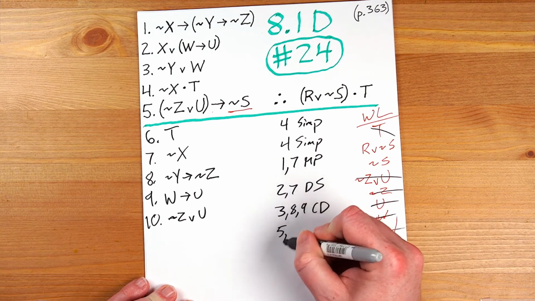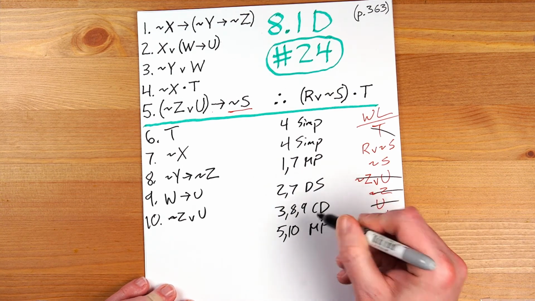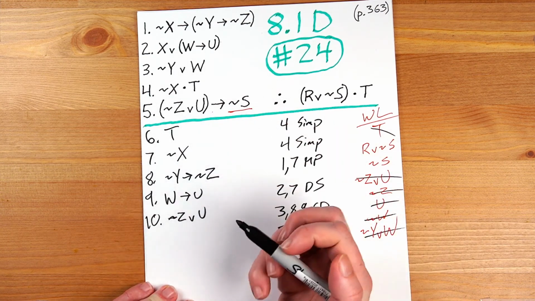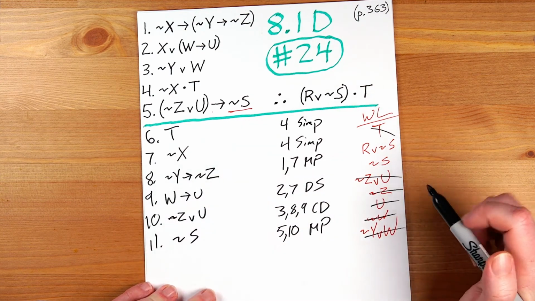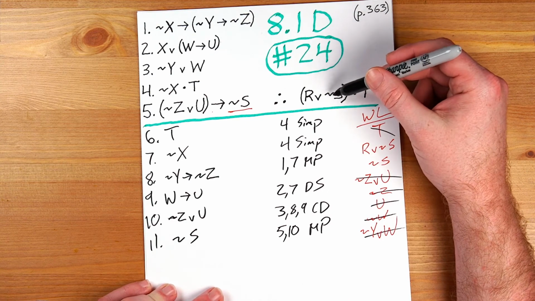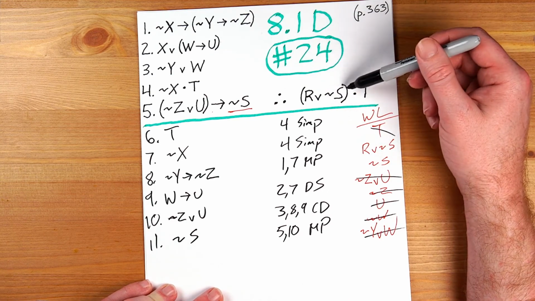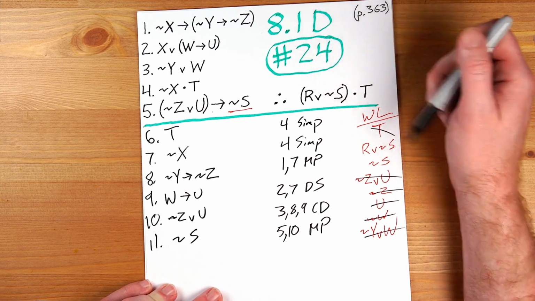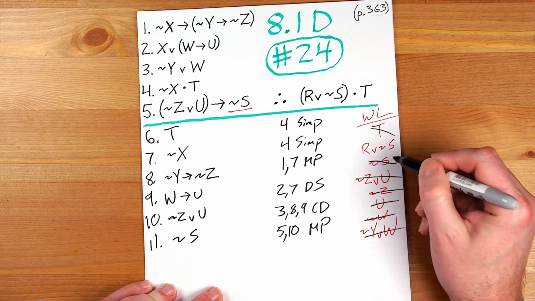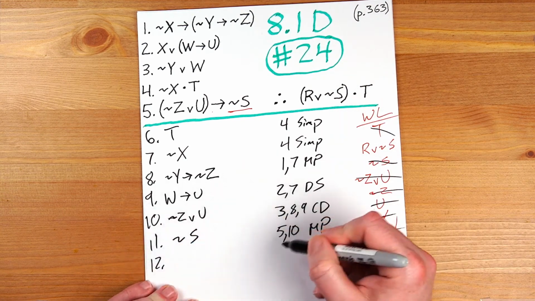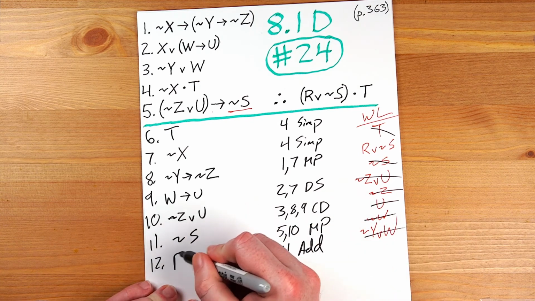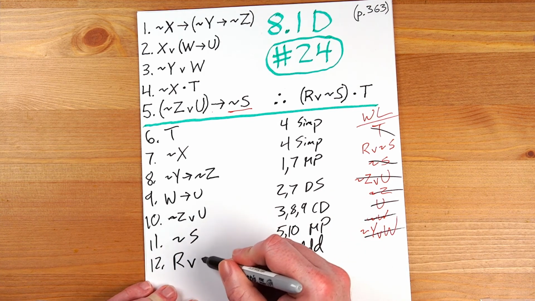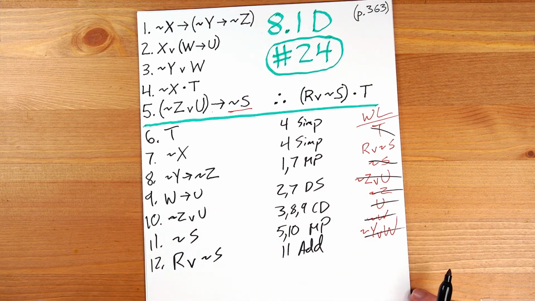So now we have 5 and 10 modus ponens, and that gives us our not S. Perfect. Now we just need to add the R part, right? So we'll add to 11. Addition, and we want to add the R or not S.